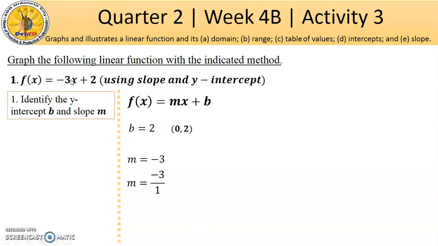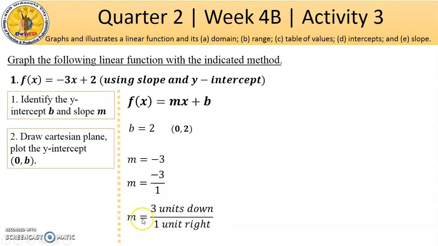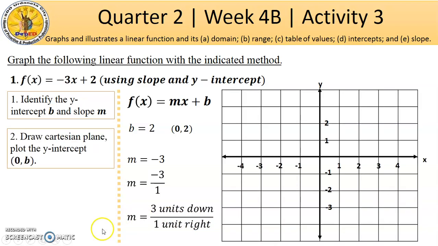Take note that if the slope is a whole number, automatically, it has a denominator of 1. We need to write the denominator so that we will know how many units we're going to move either right or left. Take note, when we say slope, that is rise over run.